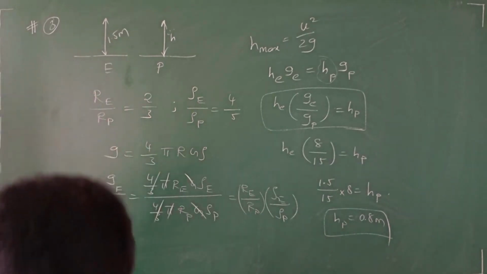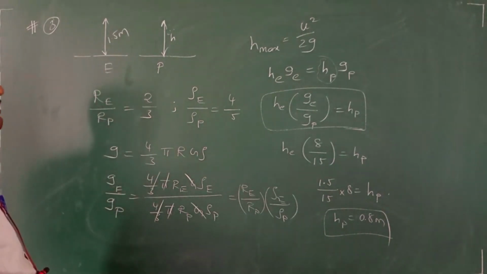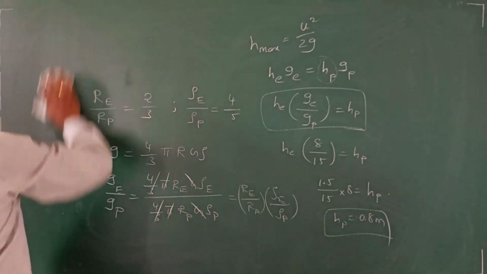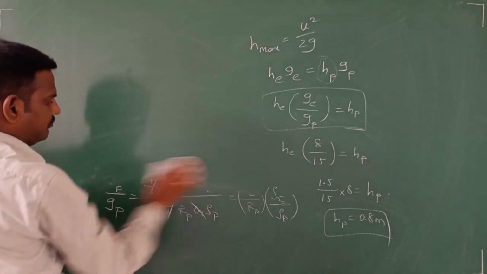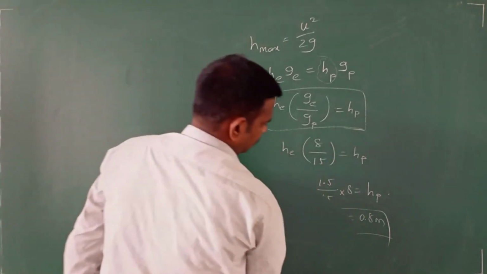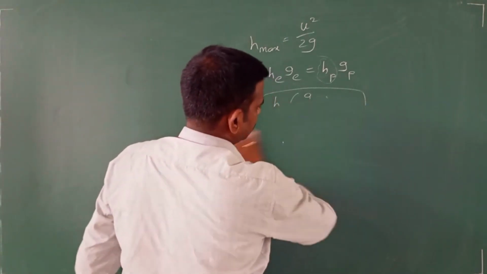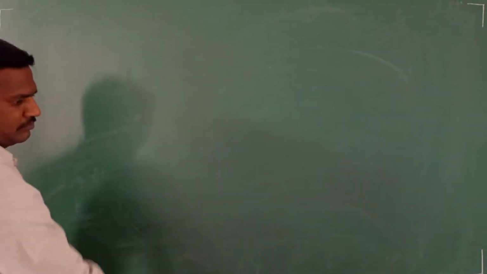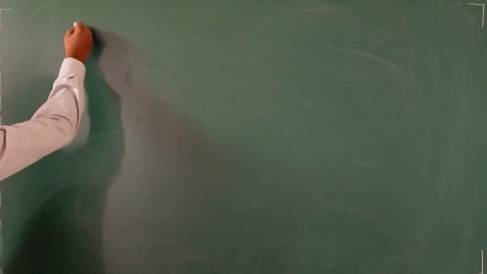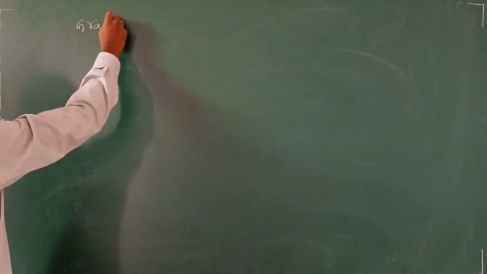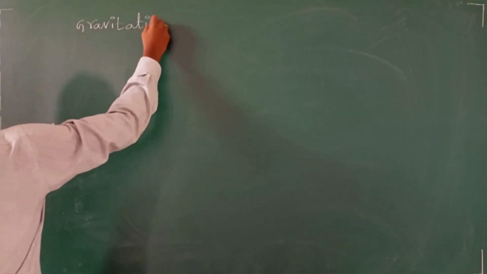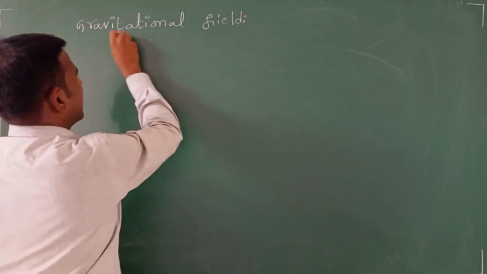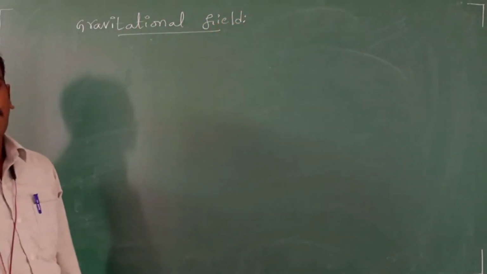Instead of doing the next sum, better I will start with one concept called gravitational field intensity. First of all, let us know what the gravitational field is and then I will tell you field intensity.